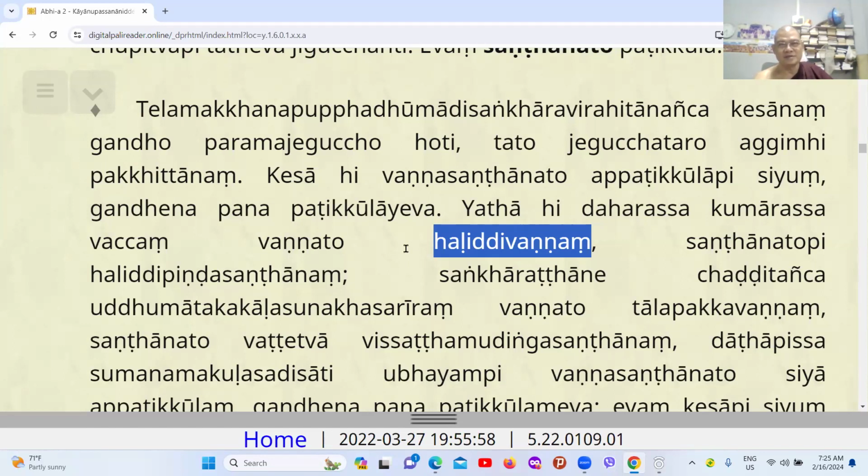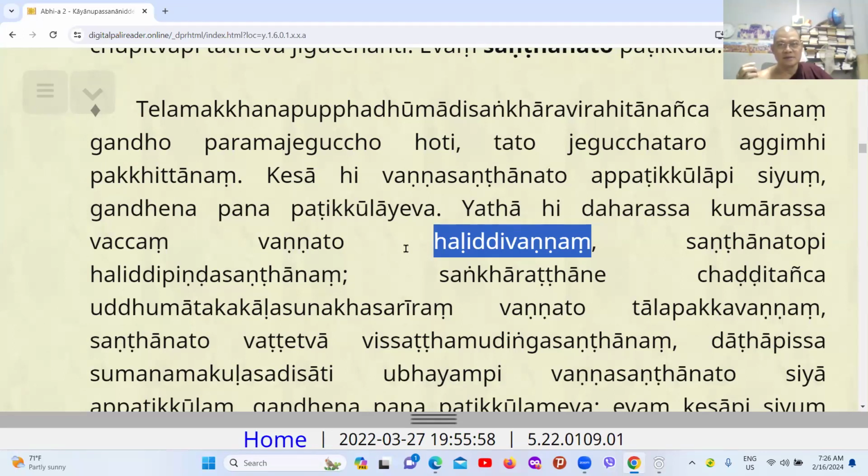Have you ever seen the ginger root with the yellow color? So the baby's feces are also like that. It is put in the dustbin.